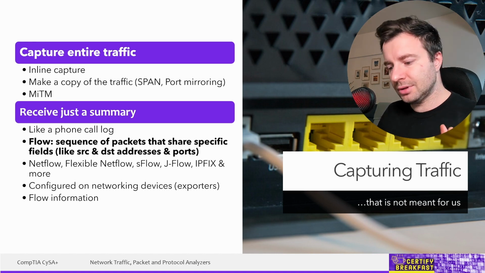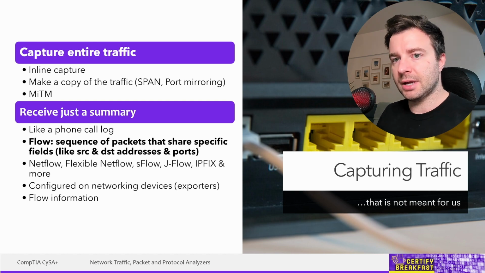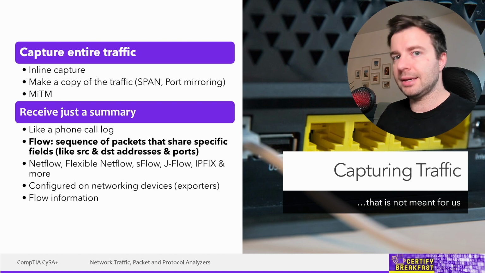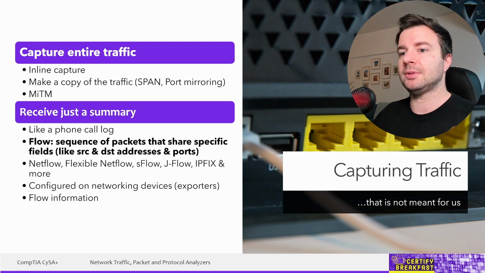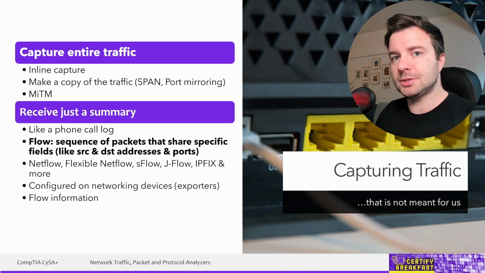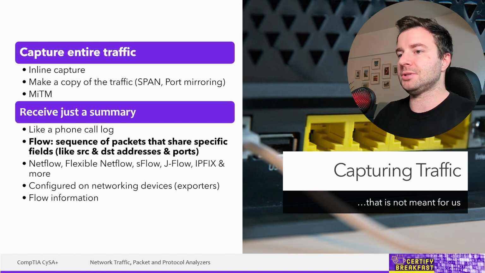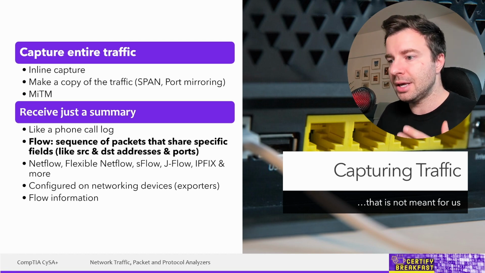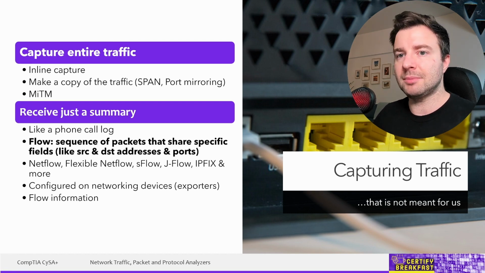Now, fortunately, even though many of these standards were developed by their parent companies, lately they have become interoperable. So you are now able to grab this flow information from multiple vendors, collect it in the same database, in the same appliance, and get a coherent view over the entire network, regardless of how many vendors you have in that network. They're all going to export information in the same manner, under the same standard.